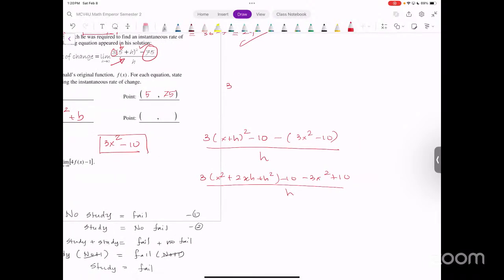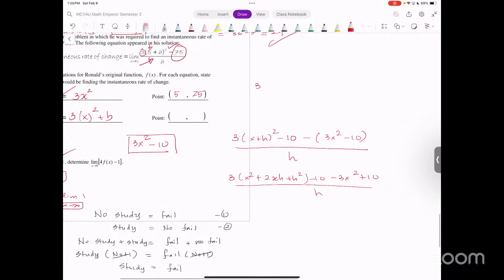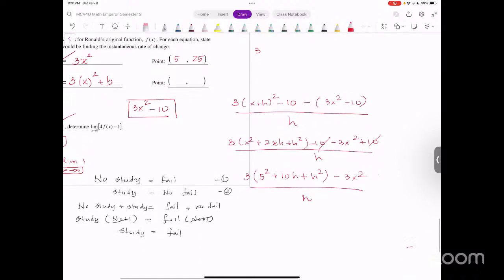So if I'm going to simplify that, the x is 5, we know. So 3 times 5 squared plus 2 times 5, which is 10h, plus h squared. And then we can cancel these two, minus 3x squared over h. And then we know the x is going to be 5 squared.